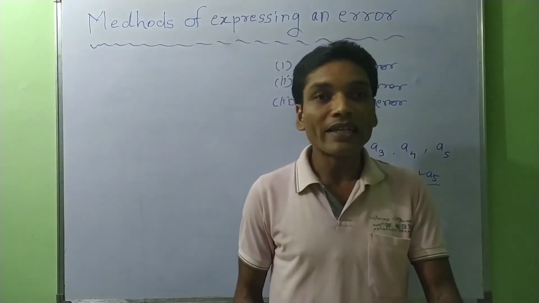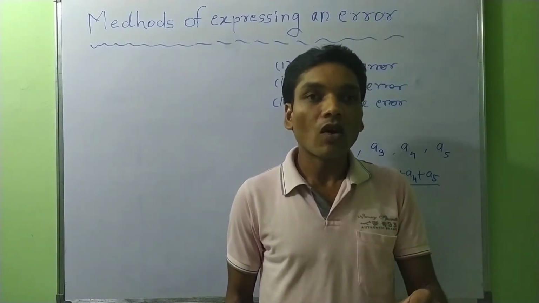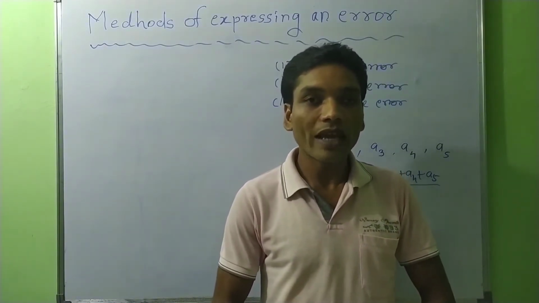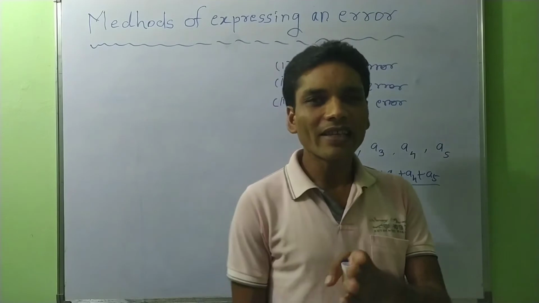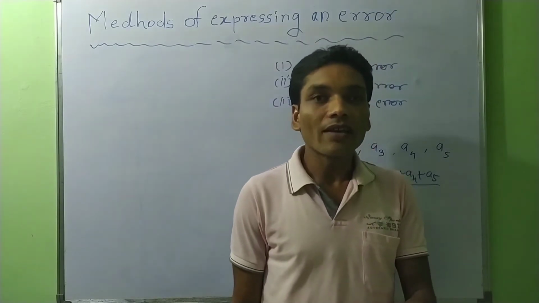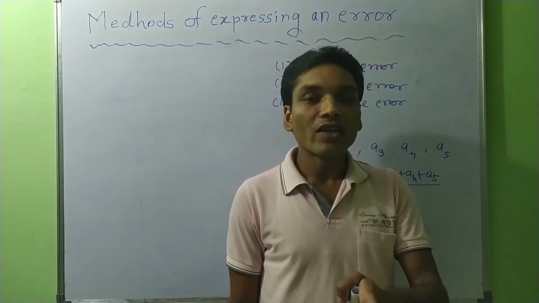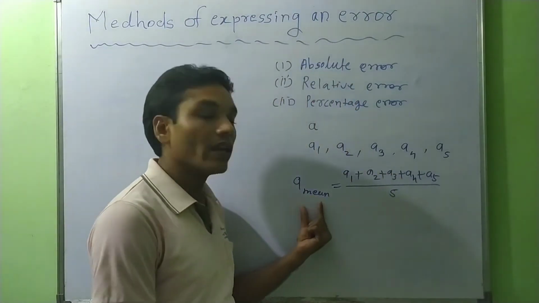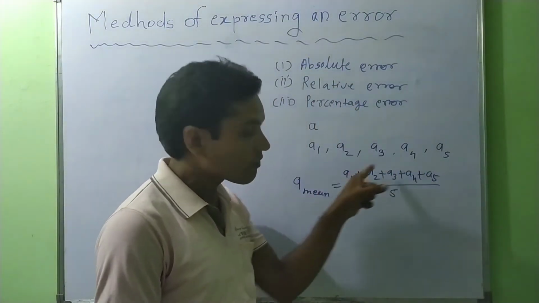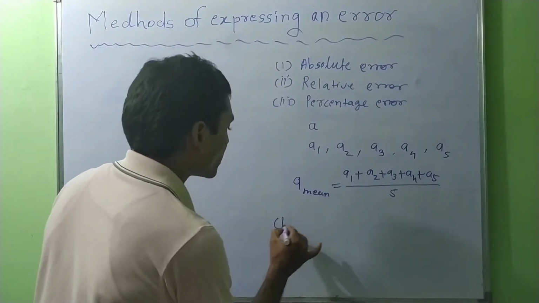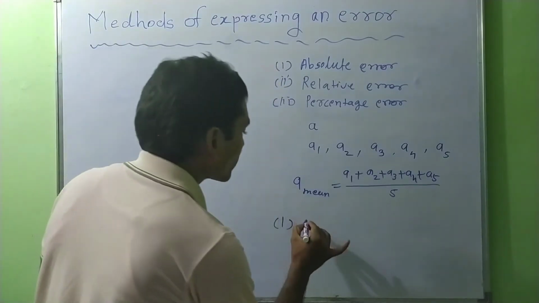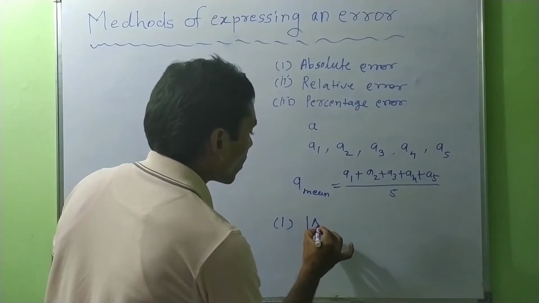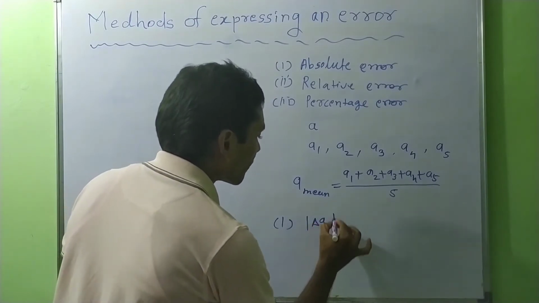We have to find the expression or the formula of absolute error. So it is very easy. Absolute error is the magnitude of the difference between true value and the observed value. So for the first observation, the absolute error will be mod of del A1.